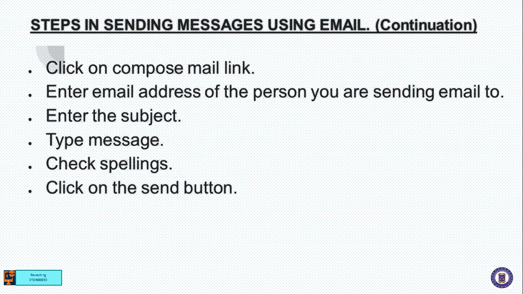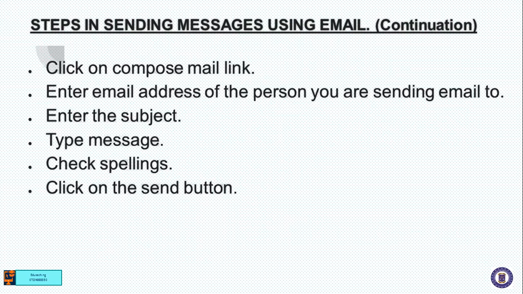Now, if the message is sent, you will see a message displayed to you, message delivered or message sent. And if the message is not sent, you will see message not sent or failed to send. Do you understand me? So when you see failed to send, it means your mail did not go successfully.